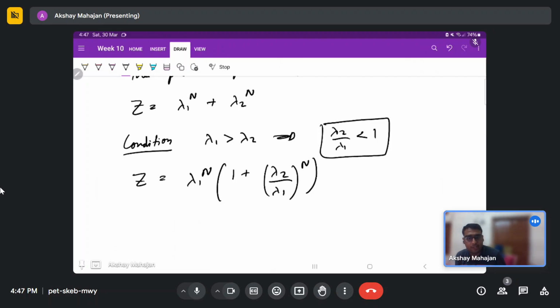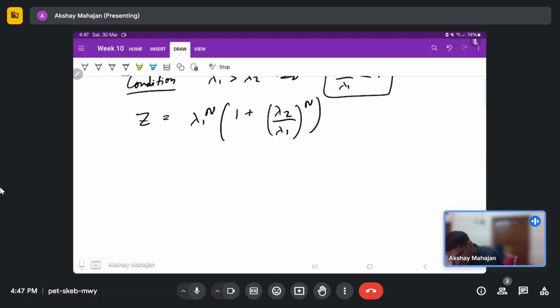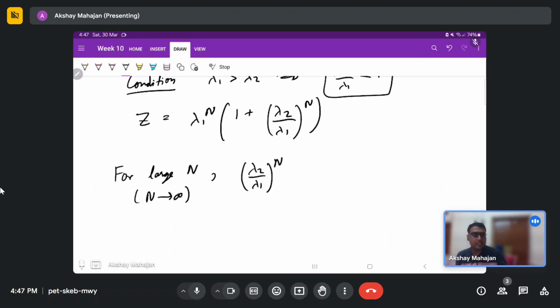And then for large n, that is n tends to infinity, this lambda 2 by lambda 1, which is already less than 1, you have a value which is less than 1, and if it is to the power n, where n is tending to infinity, then this will tend towards 0.